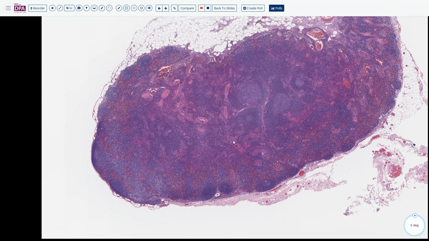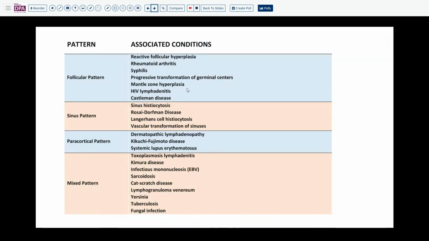Depending on the different pattern, we have all of these diagnoses, and today's unknowns will fall into one of these diagnosis names. You don't really need to know the diagnosis, but if you do, that will be better. If you can just recognize whether it is a follicular pattern, sinus pattern, pericortical pattern, or a mix of two or three of these, then you will have the answer.